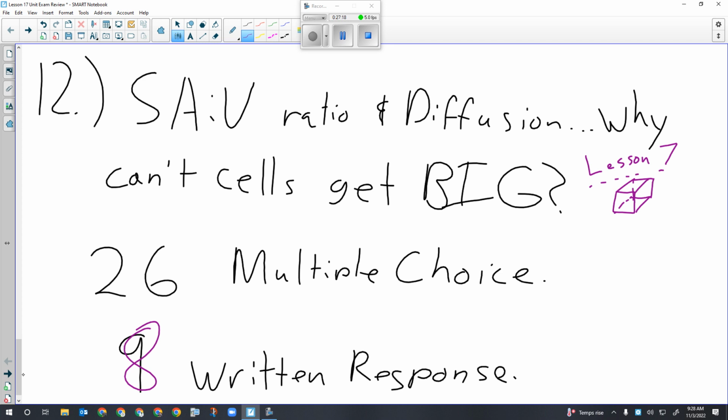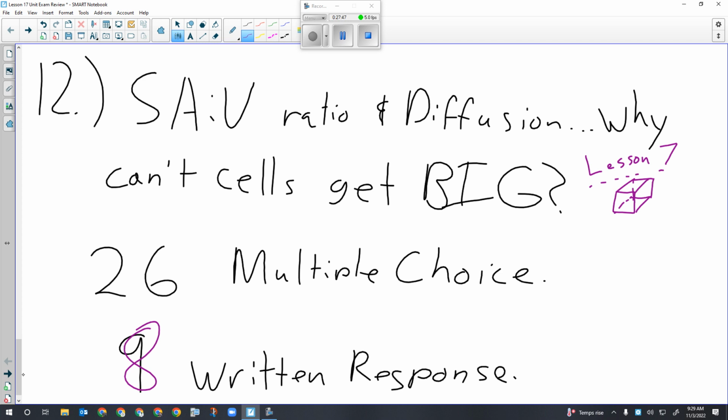Labeling a cell. There are 6 structures that you will have to label and give the function of. Since you don't know which 6, that means you have to know them all. Between the 2 cells, there were around 17 or 18 structures that you would need to know the structure and function of. And you'd have to tell me what cell is in the diagram, plant or animal, and why.